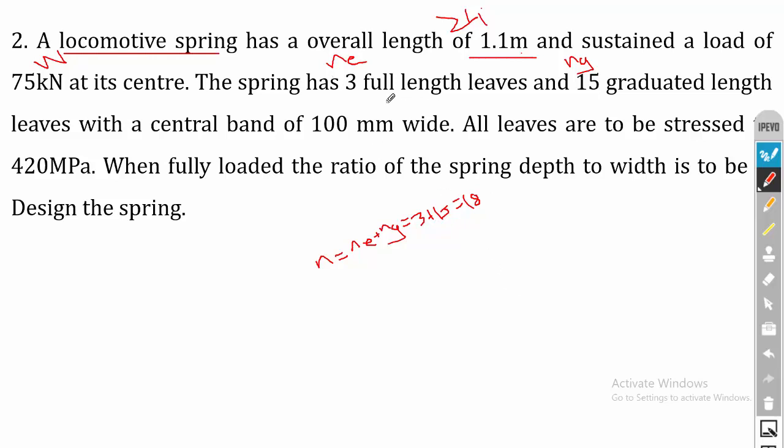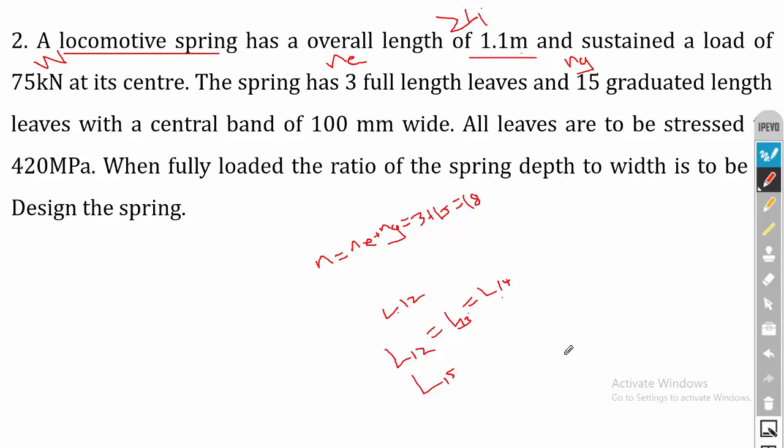Here we have 3 full length leaves. So the master leaf is L18, and L16 is equal to L17 is equal to L18.